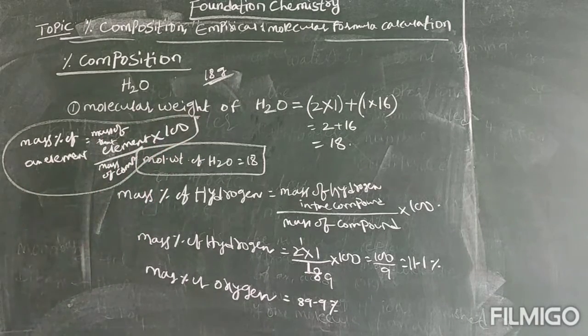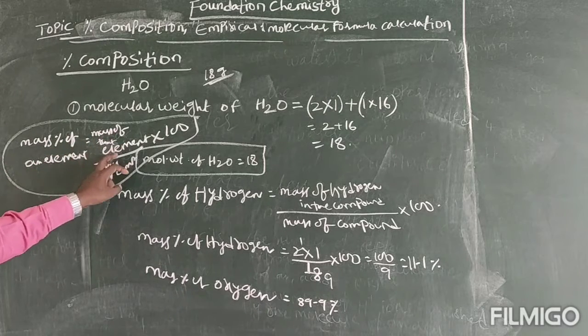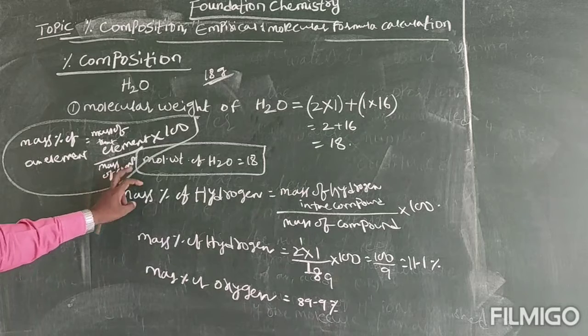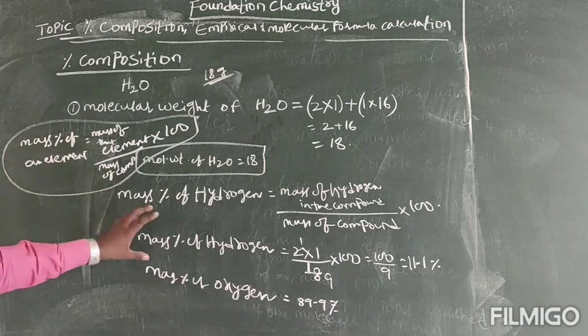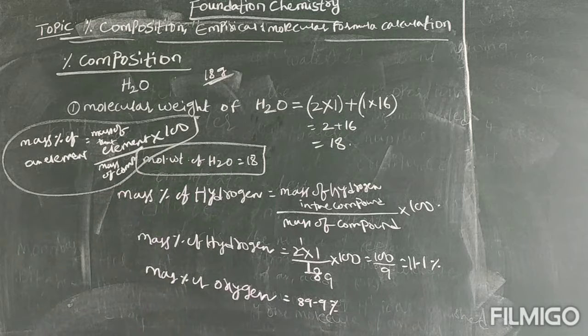This is the general calculation part. The mass percentage of the element is equal to the mass of that element by the mass of the compound into 100. If you have any doubt, you can ask me.